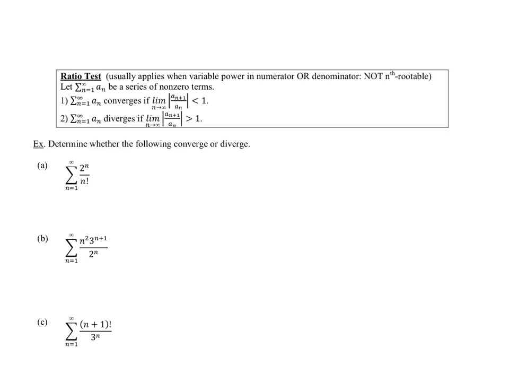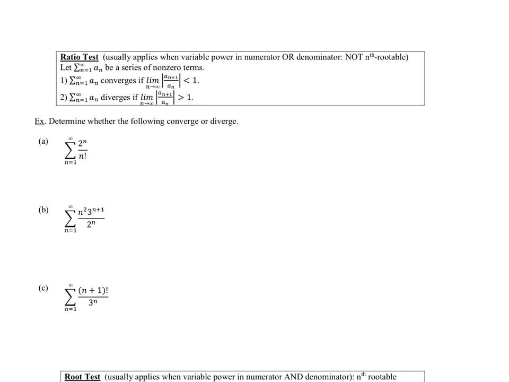Ratio test, you can look at it and say, well, it's got ratio in it. So a series that's in the form of a ratio could be a ratio test situation. What you want to be looking for are n's that exist top and bottom, but are not nth rootable, right? So if that's the case, then what you're looking at is possibly, but I'll even say most likely, a ratio test situation.